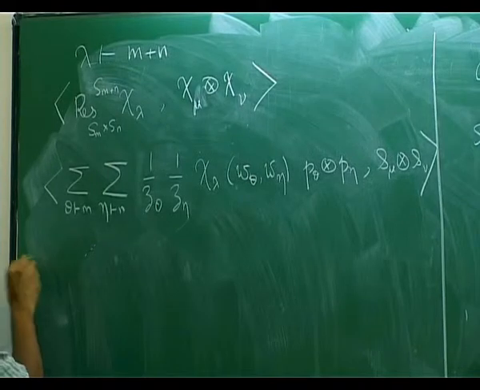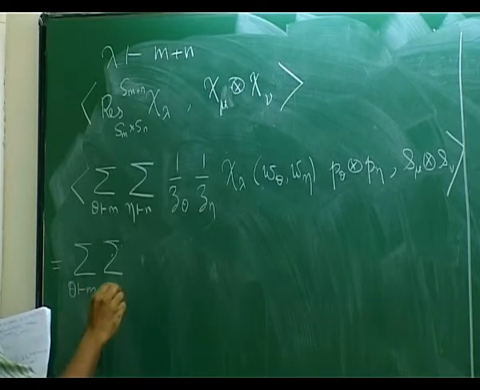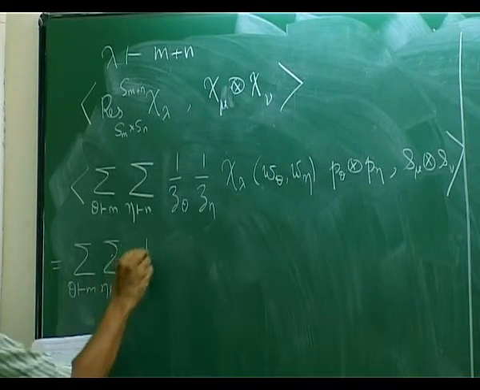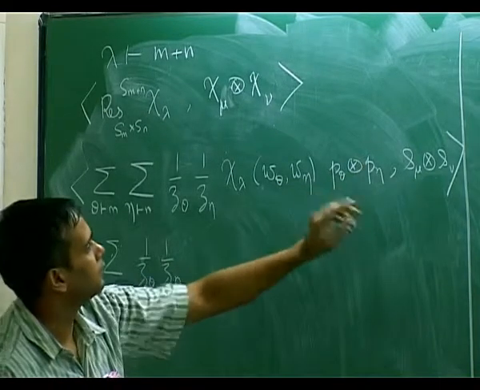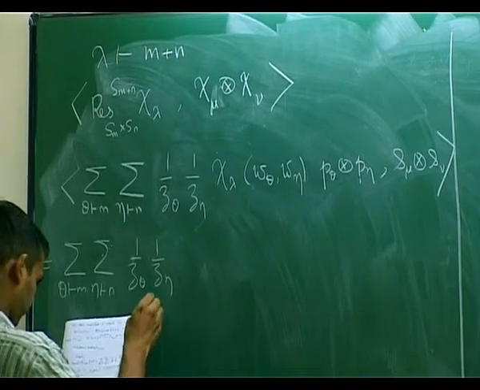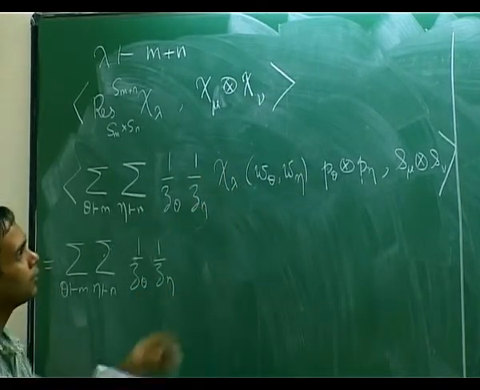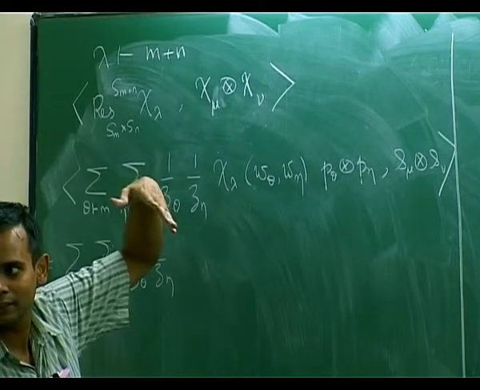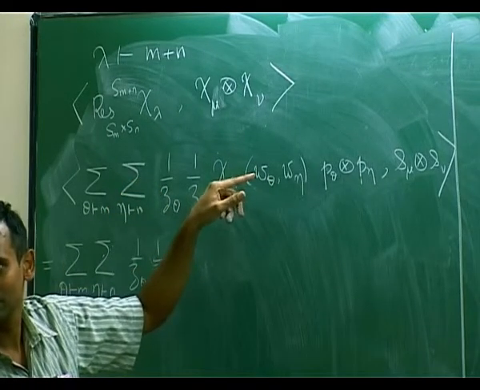Well, I can write that as the sum over theta partitions of m, eta partitions of n, and then 1 over z theta, 1 over z eta. And let me just analyze this part. So this is just p theta against s mu and p eta against s nu. And this chi lambda, this again we can use the Murnaghan-Nakayama rule. If you take this element w theta comma w eta and think of it as an element of Sm cross Sn, then its cycle decomposition is just obtained by concatenating the cycle decompositions of each of these things.